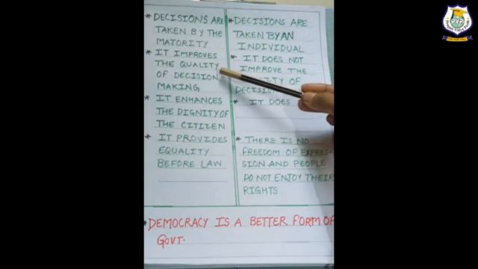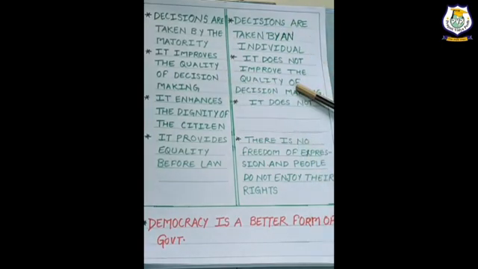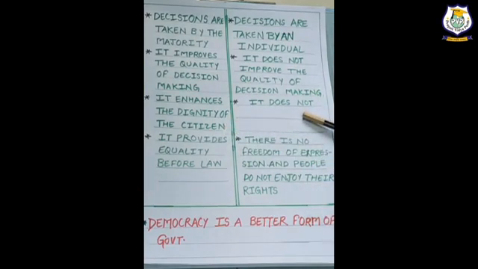Democracy improves the quality of decision making as many of the people are involved in the decision making process, whereas non-democratic government doesn't allow this kind of process because all the authority of decision making lies in one hand. It enhances the dignity of citizens, whereas non-democratic government doesn't provide such kind of facility to the people.